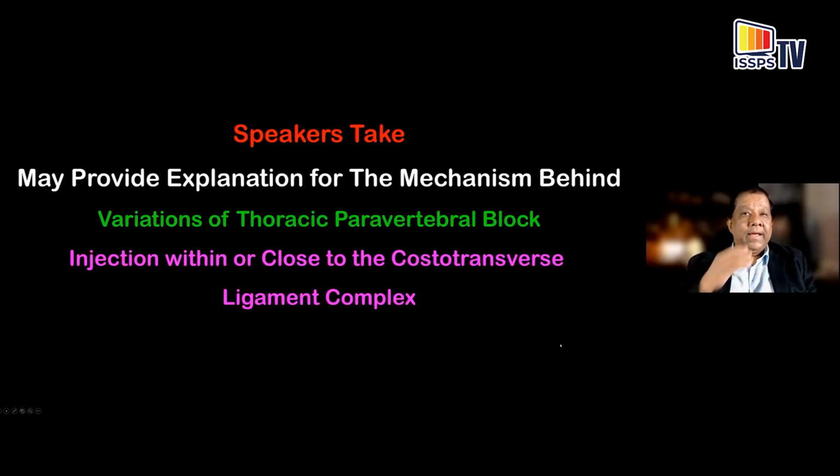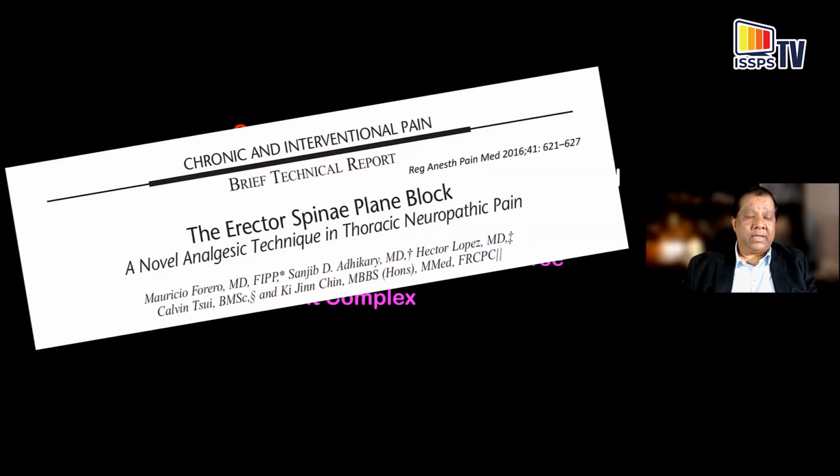But certainly, my take on it is that this may provide explanations for the mechanism behind some of the variations of thoracic paravertebral block injection techniques and injections that are performed into the costotransverse ligament complex or behind it, like erector spinae blocks. And these are some of the blocks that have been described without a well-established mechanism.